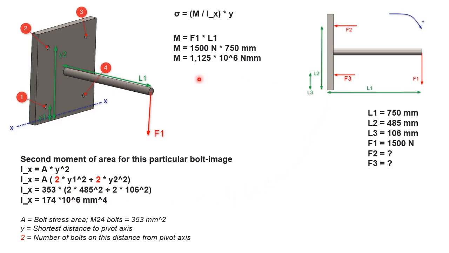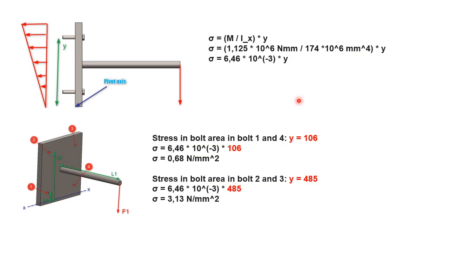Now you see that this is the same example we were unable to solve with classical static analysis. What this will show us is the stress in the bolt, but not the force, just the stress in the bolt.